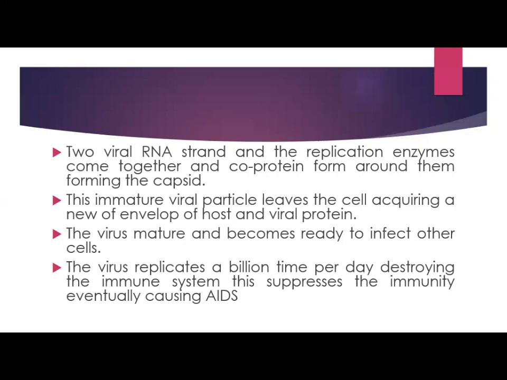So we're saying these viruses that are produced from the infected cells will mature, and when they mature they will be able to infect other cells, and as they infect other cells they will replicate 1 billion times per day, destroying the immune system of the person, causing suppression of the immunity, which will result in AIDS.